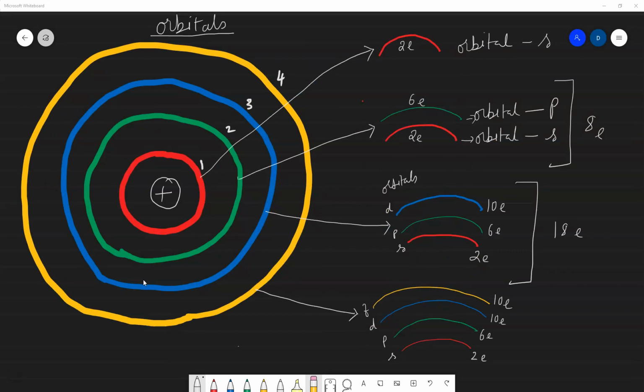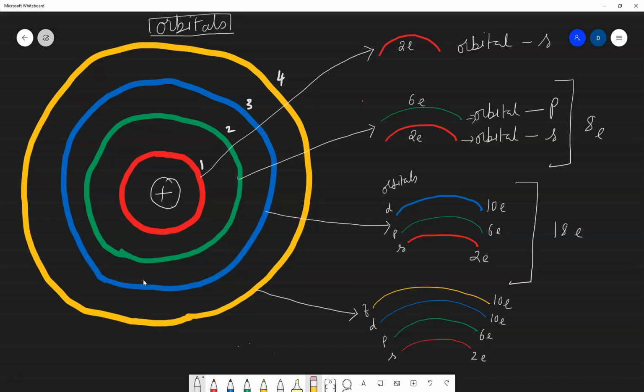So far what we know is, around this nucleus there are shells, and these shells are at certain distances from the nucleus. The first shell is nearest to the nucleus, then the second shell, then the third shell, and the furthest is the fourth shell. You can have a fifth shell, sixth and seventh and so on. Now what scientists have found out is that these shells are made up of something else, called orbitals.